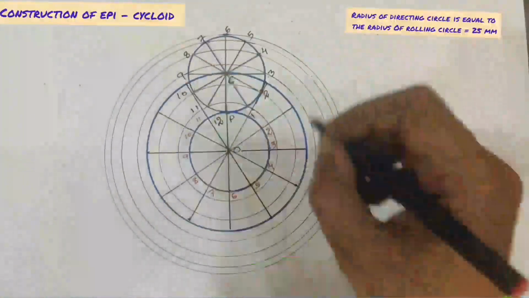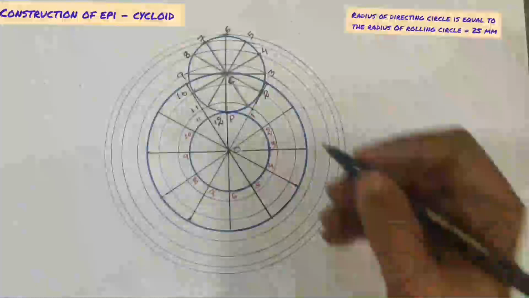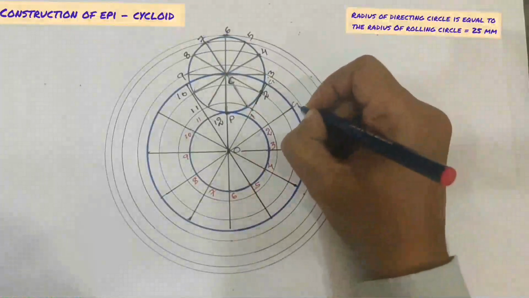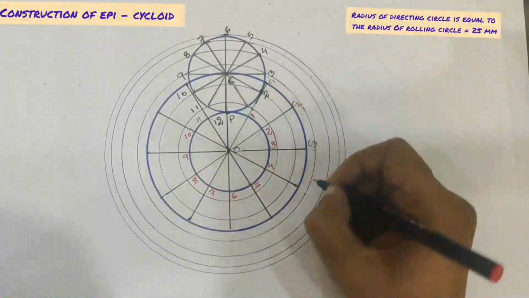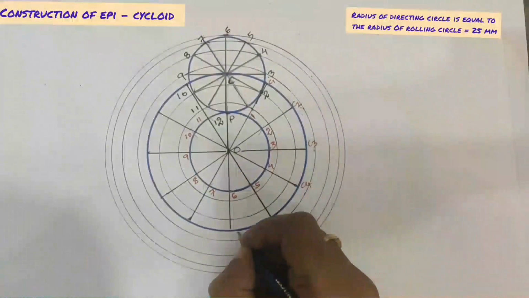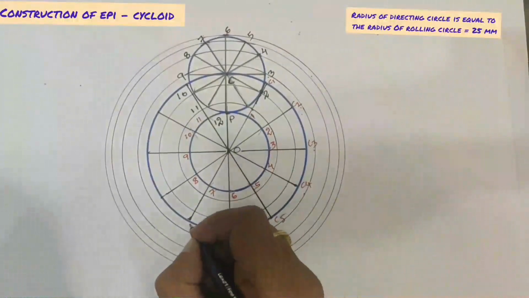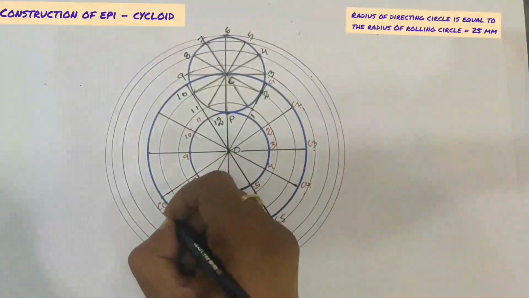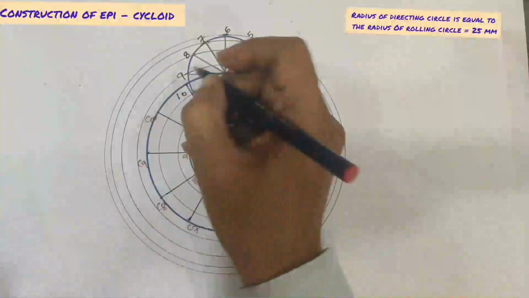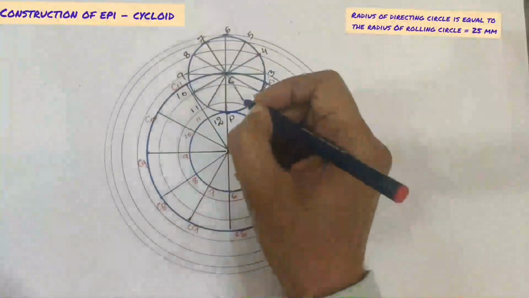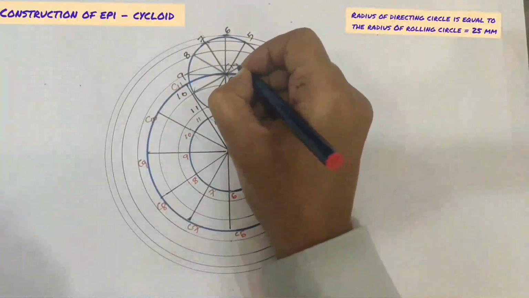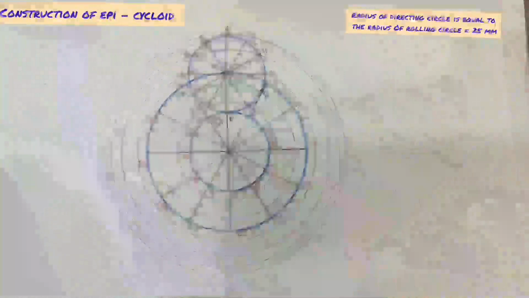Here on the locus of center for rolling circle, say C1, C2, C3, C4, C5, C6, C7, C8, C9, C10, C11 and this is C12 or C0.